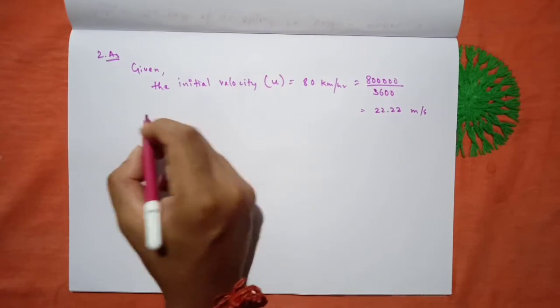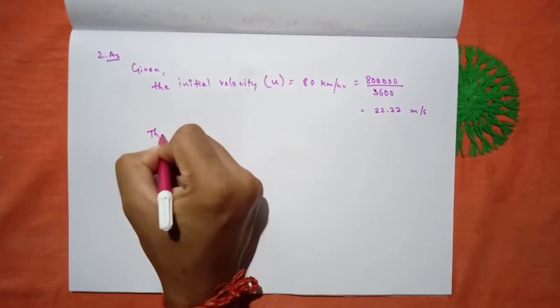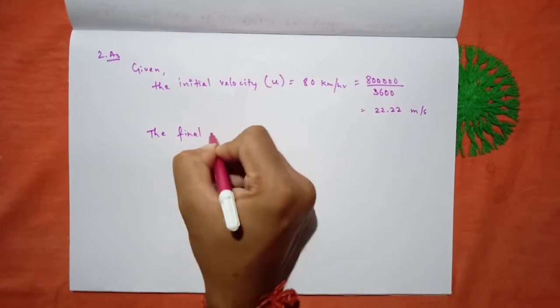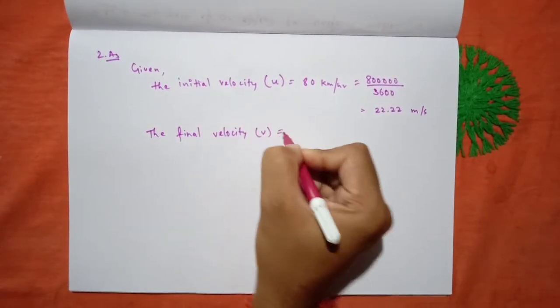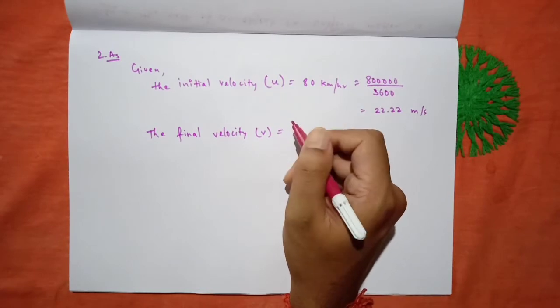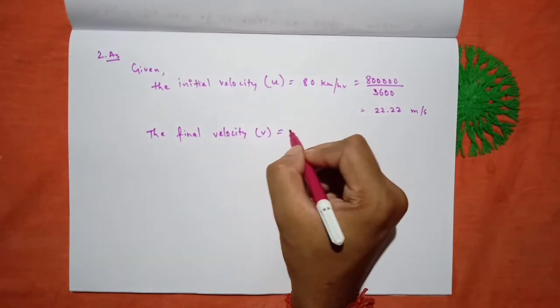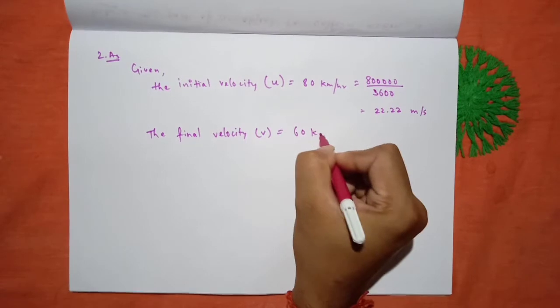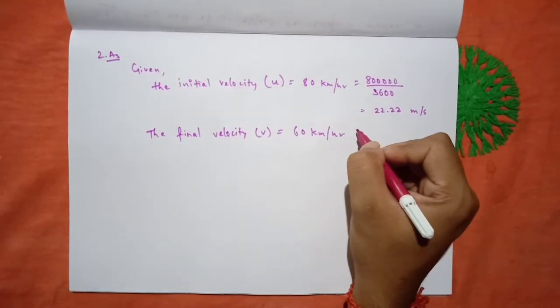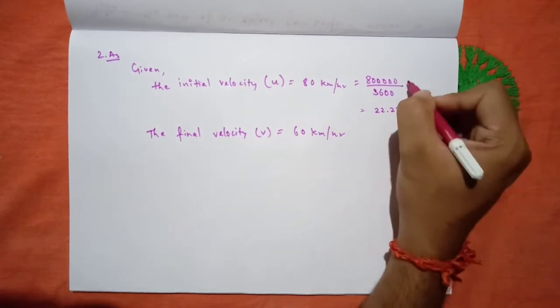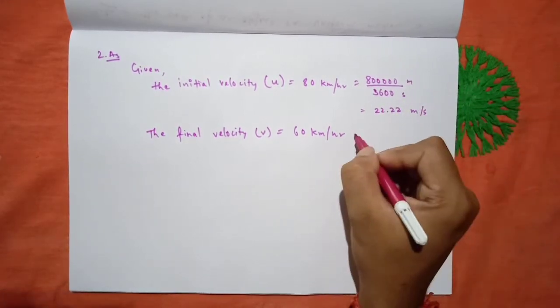So then the final velocity, which is small v, which is given as 60 kilometer per hour. So 60 kilometer per hour, again we have to change it into meter per second. This is in meter, this is in second.